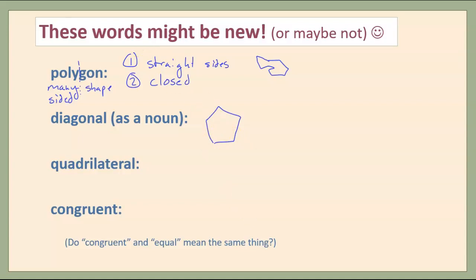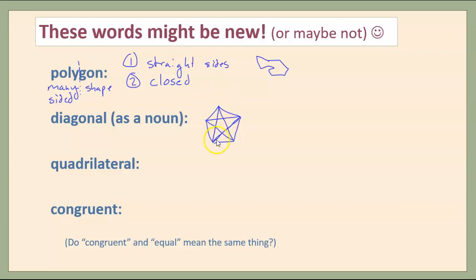We can draw lines from one vertex or corner to another. Each corner is called a vertex. And these lines that connect the vertices are called diagonals. Notice that I'm not drawing the lines on one vertex after another because those are already sides. Those already exist. So those aren't separate diagonals.